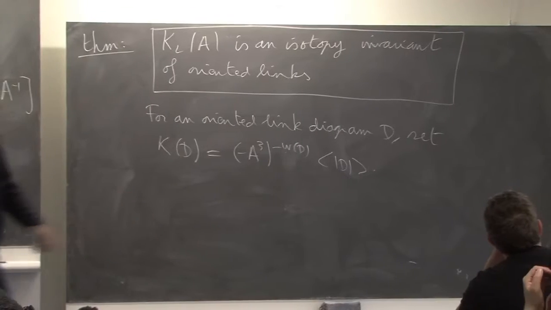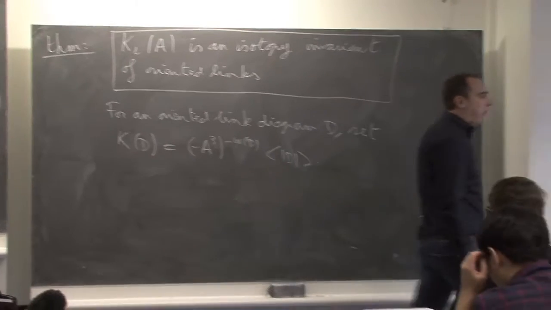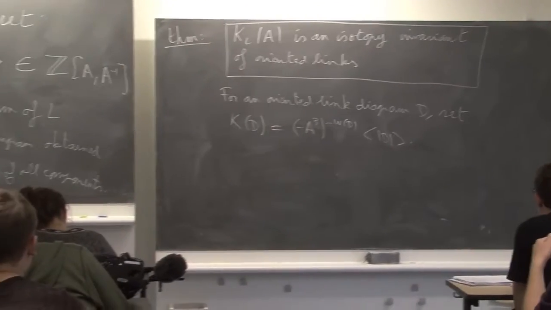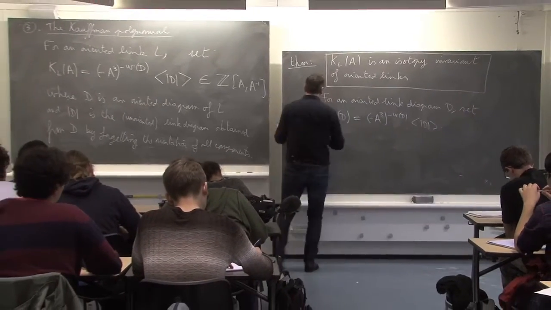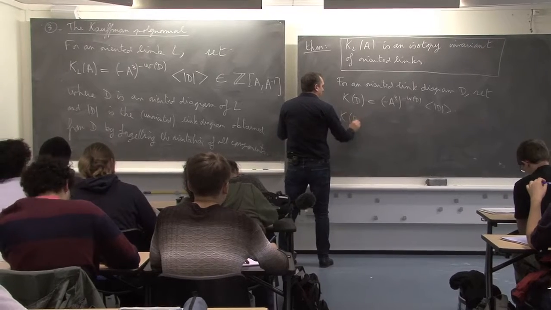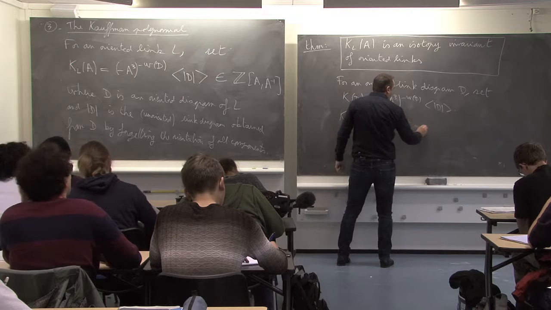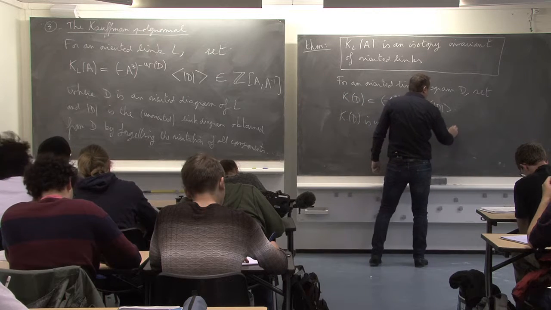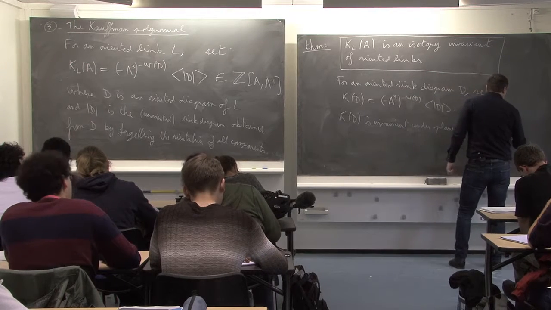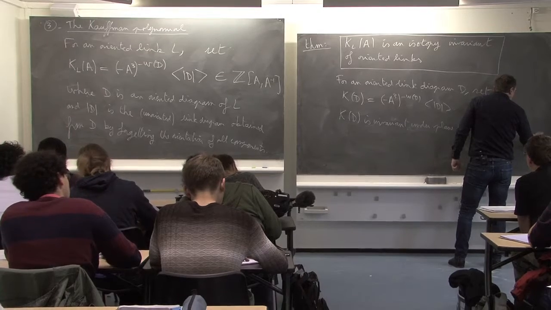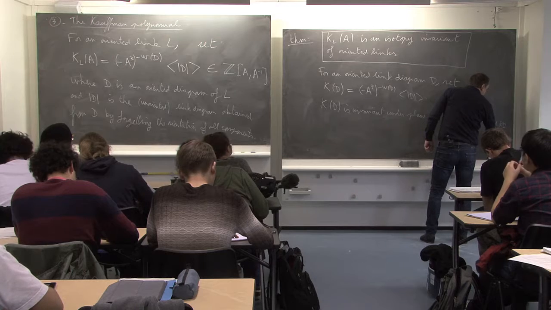So we need to check that this polynomial, this Laurent polynomial, is invariant under plane isotopy and oriented Reidemeister moves. So K_D is invariant under plane isotopies and oriented R2 and R3.